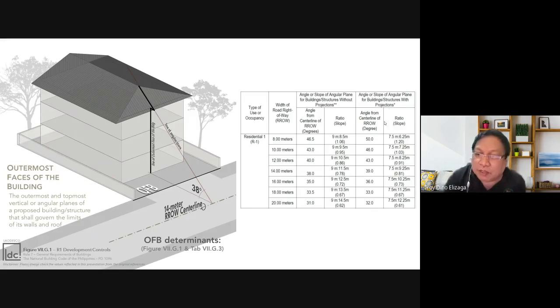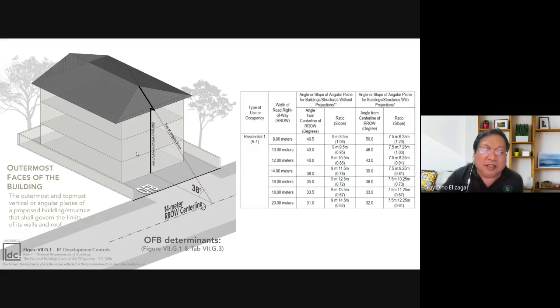Depending on the angle given, if with projections, for example, 50 degrees, if the road is 8 meters, you have 50 degrees here. So your building should only be within that angle from the horizontal, and it should not go beyond it.